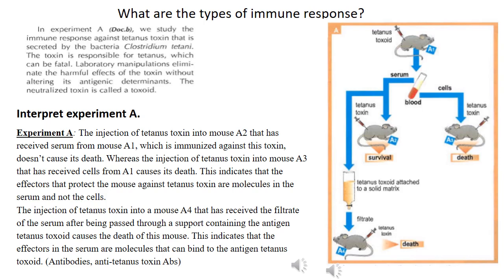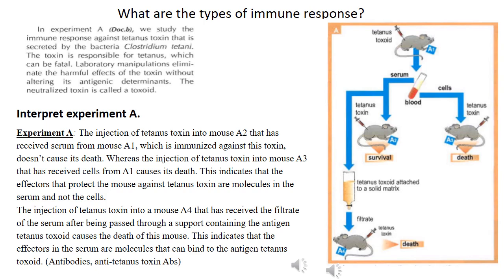Okay, what I have already done now is a description of the experiment, but the question is to interpret this experiment. So again, let's analyze, then draw out the significance. The injection of tetanus toxin into mouse A2 that has received the serum from mouse A1, which is immunized against this toxin, doesn't cause its death, while the injection of toxin into mouse A3 that has received cells from A1 causes its death.